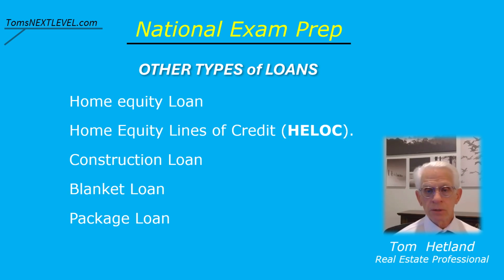So the condominium will be a total of $200,000, but that will include $50,000 worth of furniture. But you're going to pledge them both as security, the real estate and the personal property. I'll make you a package loan. So word associations for the test: package loan, real property plus personal property, and where are they likely to be found? Resort condominiums.